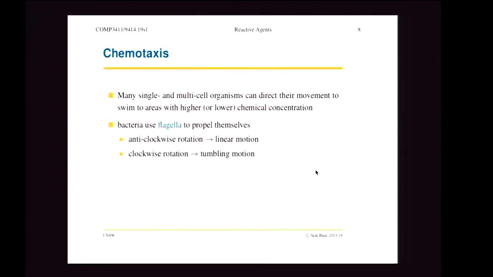Now, what about in nature? Well, this is one example of reactive agents in nature, these tiny, often single-celled organisms that exhibit this behavior, some multicellular organisms as well.